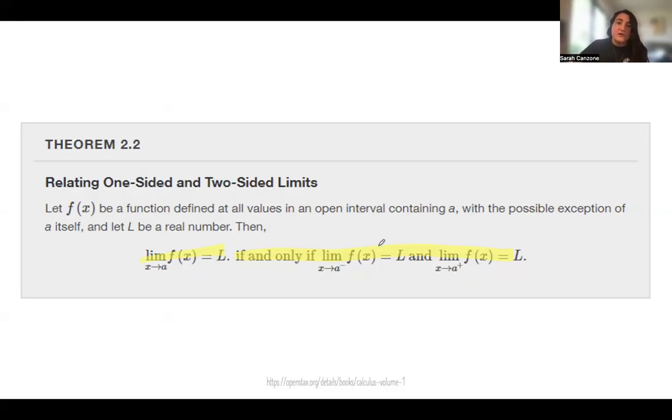If, however, the limit as x goes to a from the left is some number, say 3, and the limit as x goes to a from the right is some number, say 5, the limit wouldn't exist at all. Now, your left and right hand limits would exist, but the limit at that point would not exist. So this is the formal definition of a limit.